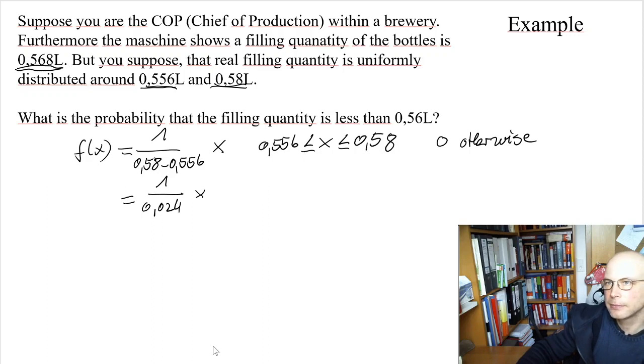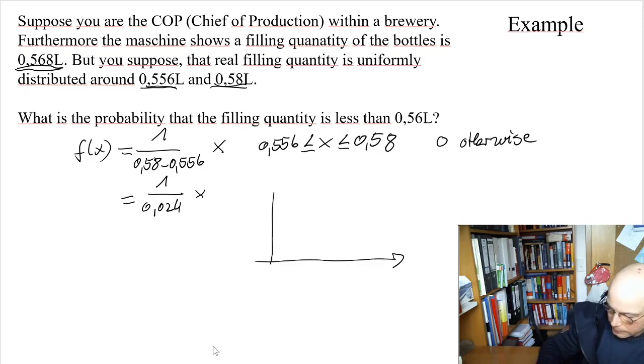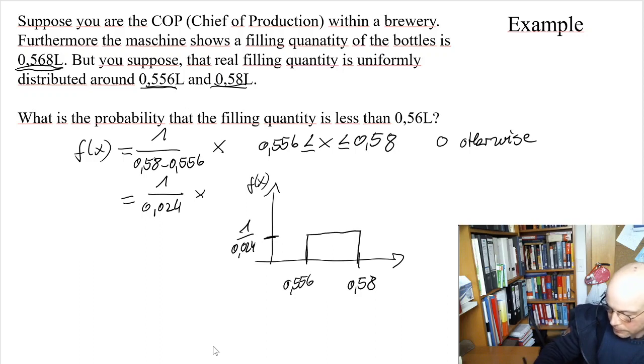But I think so. So how does it look again? f of x is just 1 over 0.024 between 0.556 up to 0.58. And what is the probability?